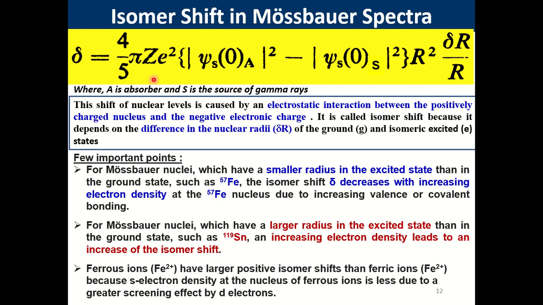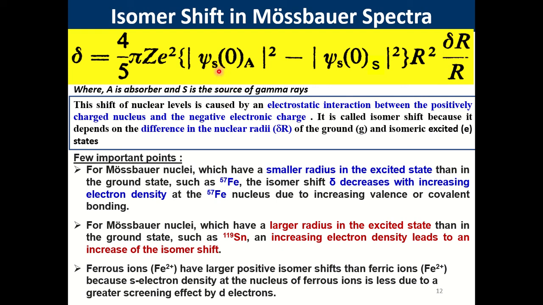You can also simplify this equation. For a given nucleus, this term as well as this term becomes constant, and the variable would be the absorbing species' electron density. If I say that I am only going to discuss Fe57, then this term is constant, the change in the radius of the nucleus.